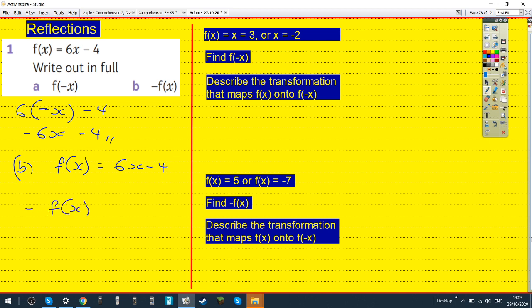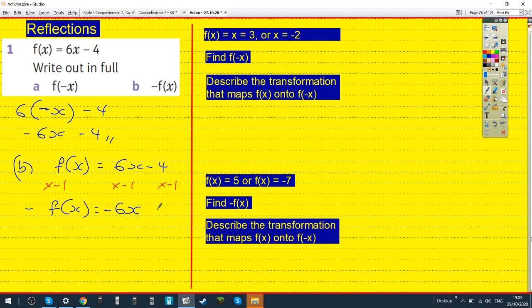So it would be minus f of x equals 6x minus 4. Well, the f of x is 6x minus 4. Yep. And so if you were to times both sides by minus 1, so it'd be minus 6x minus 4. Times everything by minus 1.